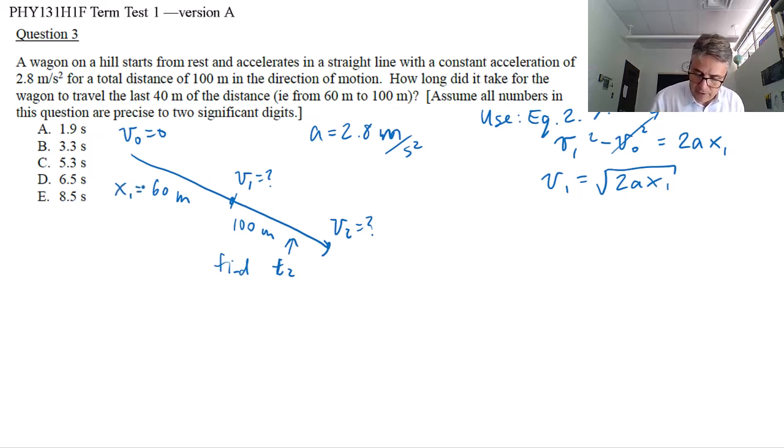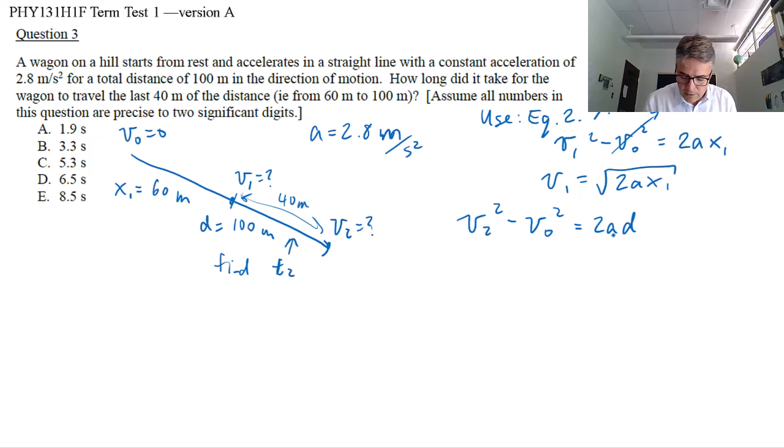And then I think we can find out v2 as well. v2 squared minus v0 squared, it's moving at the same acceleration the whole time, is equal to 2a times d. So d is the entire distance, the 100 meters, and v2 is equal to the square root of 2 times a times d.